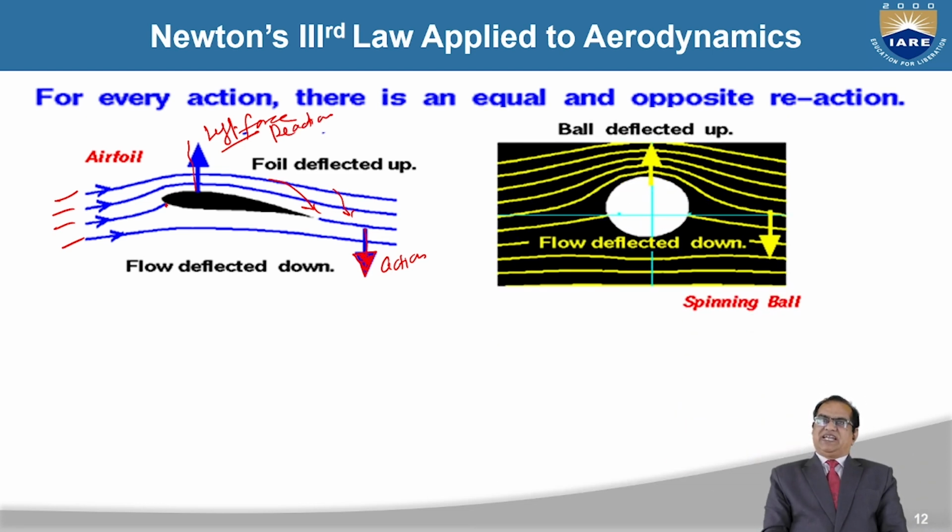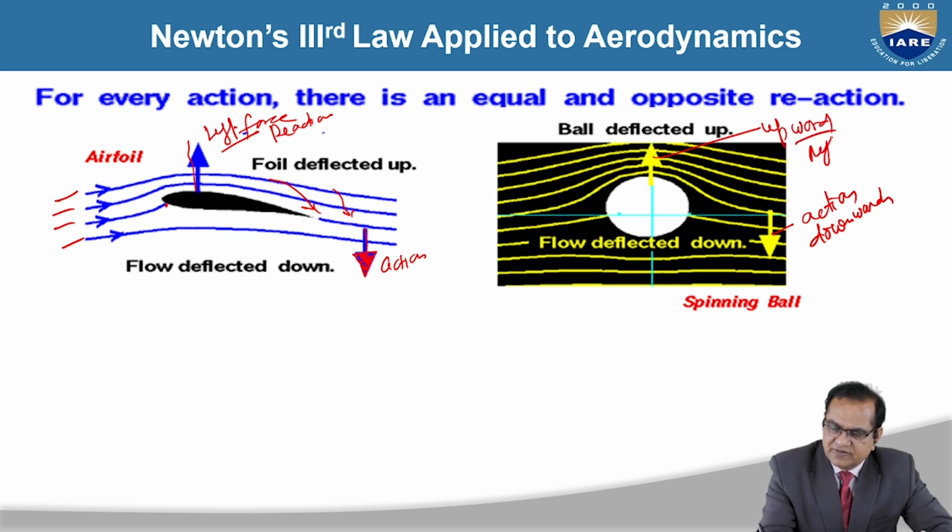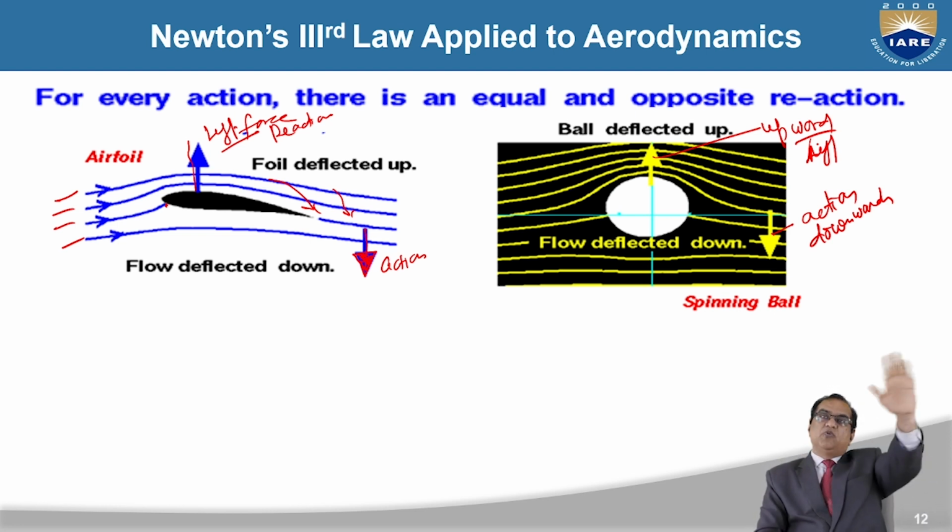Next we can see here that if one ball is there and the flow is moving downwards like this, this is the action because it is moving downwards. There will be a reaction upward, and this is called the lift. Ball deflected up. This ball will move in this direction.